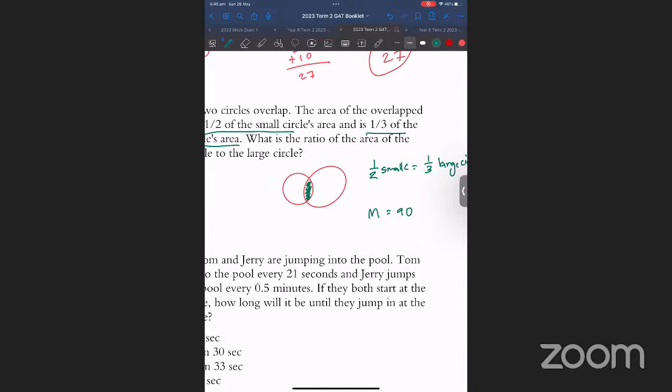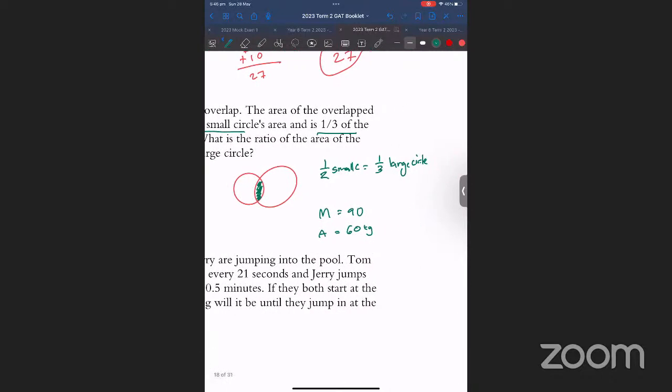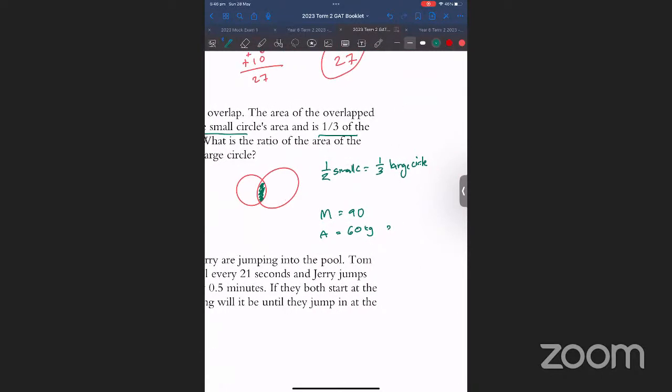He's been eating too many donuts, right? And Achut only weighs 60 kilos. Now, what that means is that half of Achut is 30 kilos. And that is the same as 1/3 of Melvin, which is 30 kilos. So 30 kilos for Melvin is just 1/3. But for Achut, it's a half. Do you guys understand?